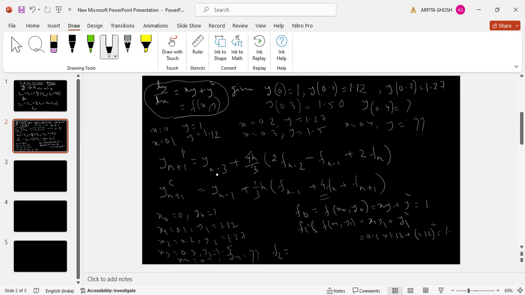Let us take up to 2 decimal points. 1.3664, so 1.37. It will be 1.37 because from the starting we have considered up to 2 decimal places. So it will be your 1.37.